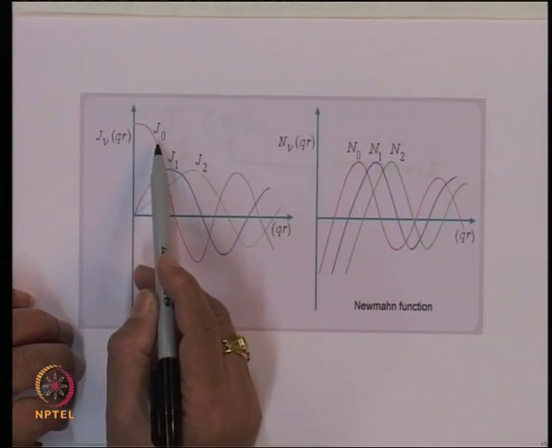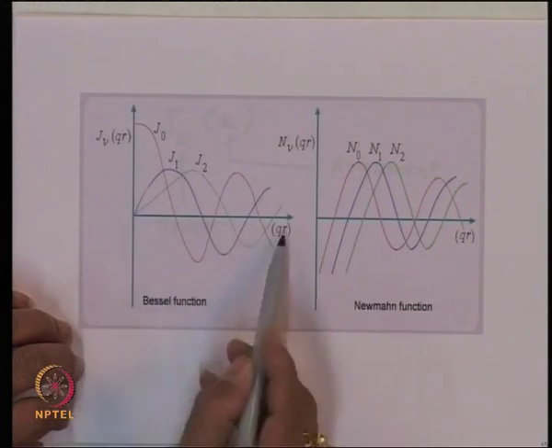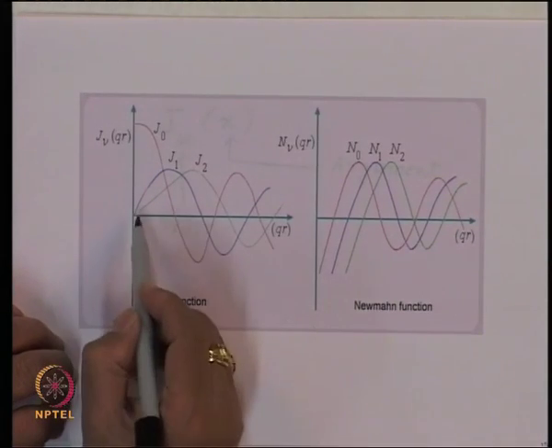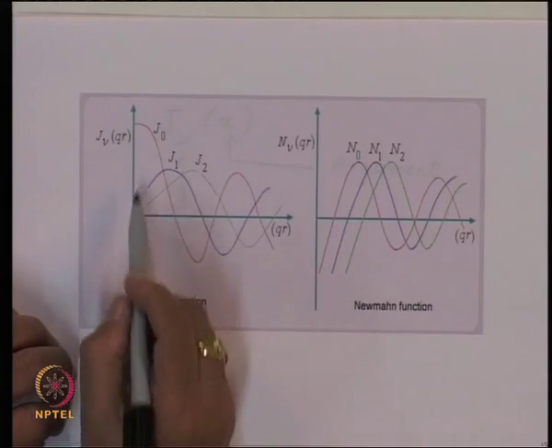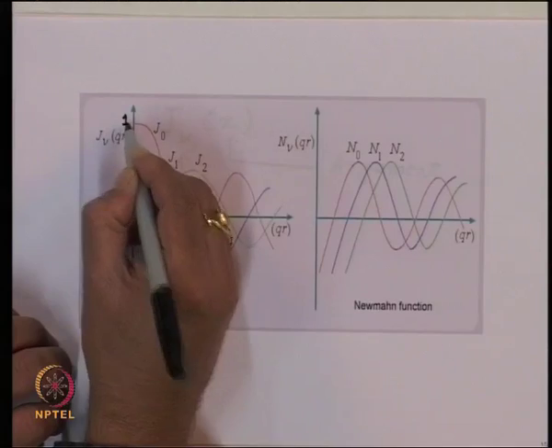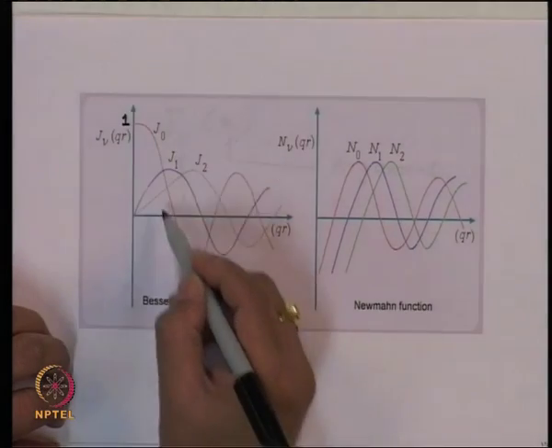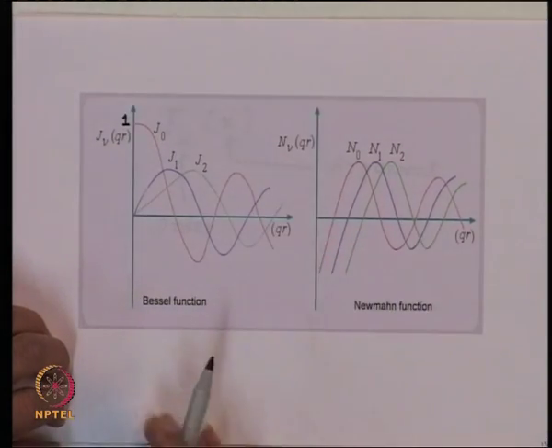A few things are to be noted here. Firstly, except the J0 Bessel function, all other Bessel functions are 0 as the argument goes to 0. They all start from 0 here, except the J0 Bessel function, which is 1 at the argument going to 0. And all these functions are oscillatory in nature.